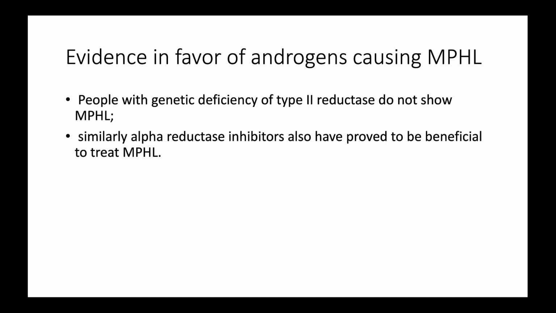So individuals with genetic deficiency of type 2 do not show male pattern baldness. Similarly, alpha reductase inhibitors like finasteride and dutasteride, when given to patients, showed a beneficial effect in treating male pattern hair loss. So these are the two strong evidences which support that there is a role of androgen in male pattern hair loss or AGA.